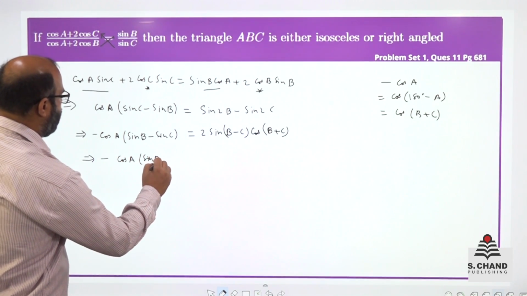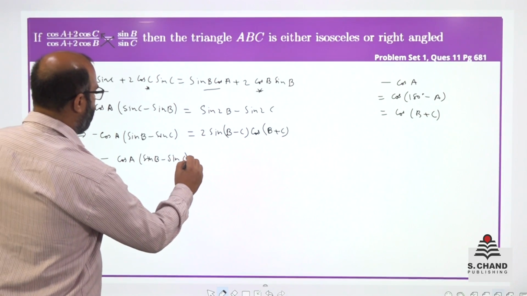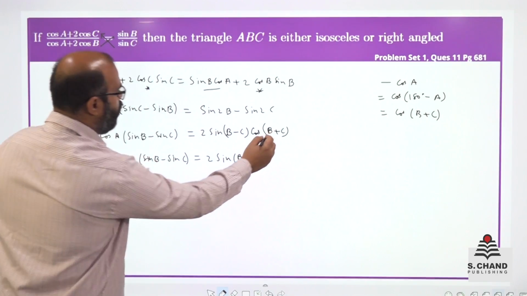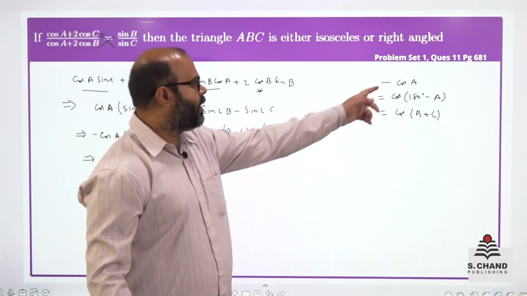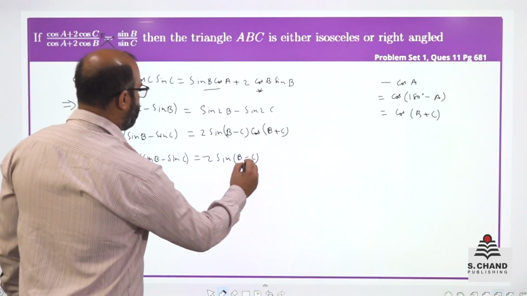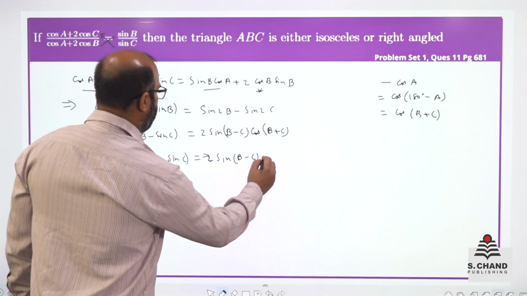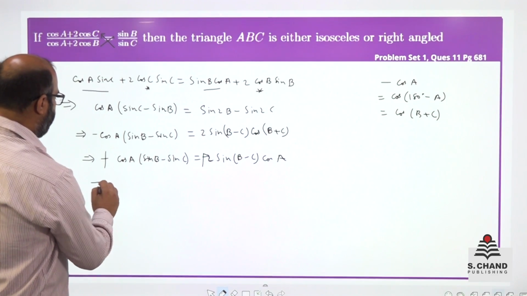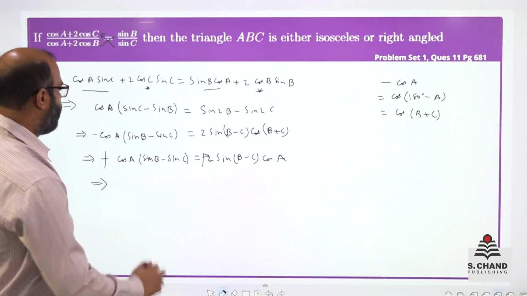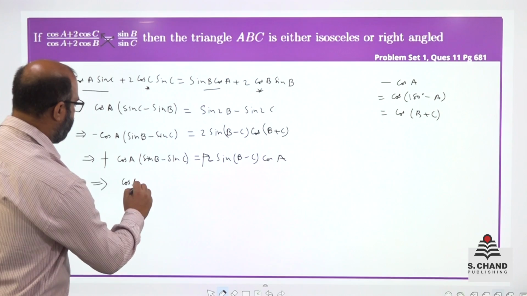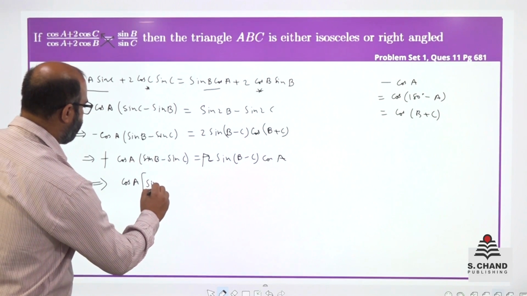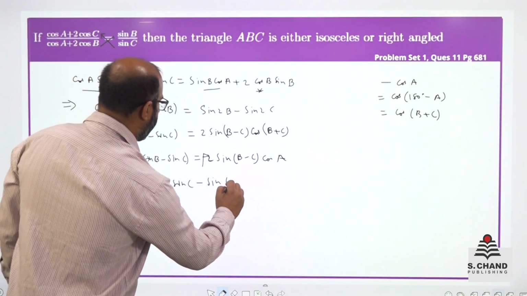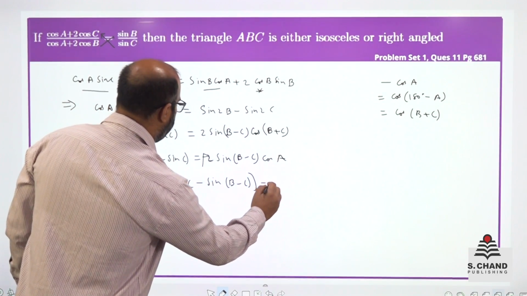This is sine B minus sine C is equal to 2 sine (B minus C)/2, and cos of (B plus C)/2 here is equal to minus cos A. Now this minus and minus will cancel, and both of them we are taking on the one side, and cos A will be common. So this will become cos A into sine B minus sine C minus sine of (B minus C) is equal to 0.